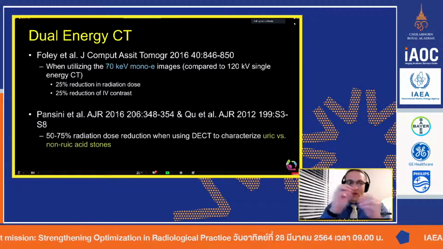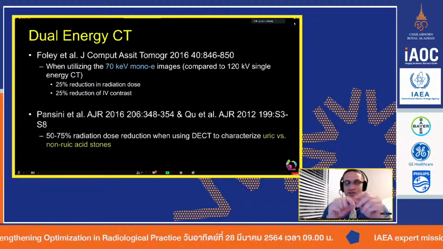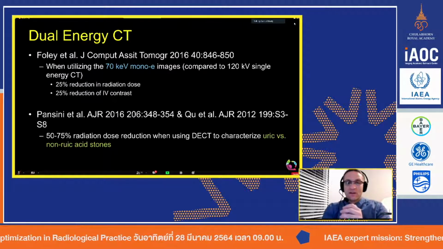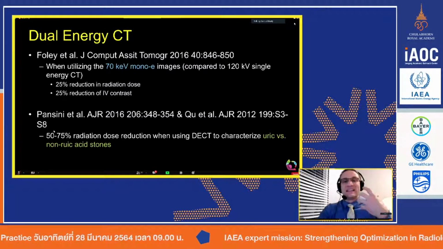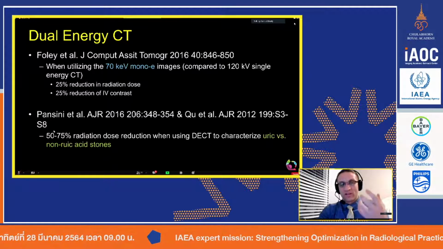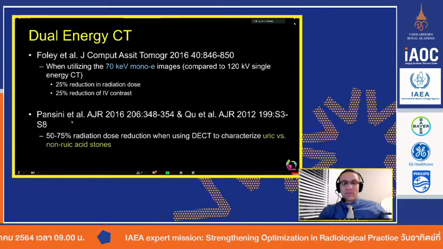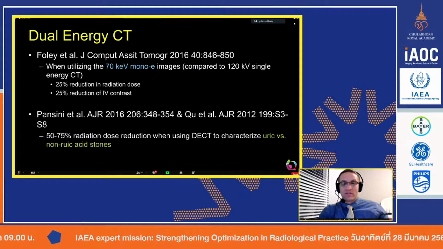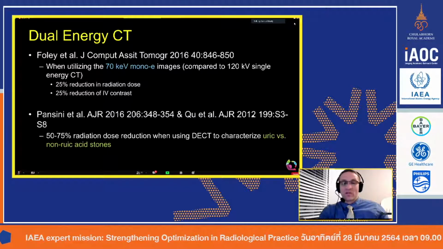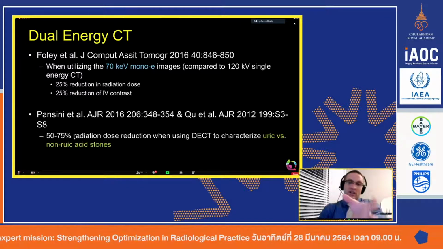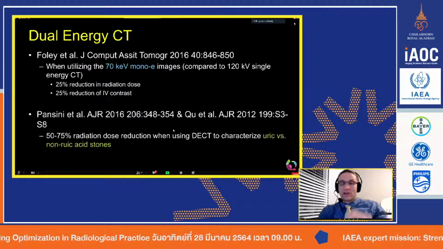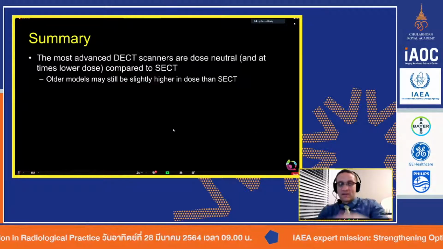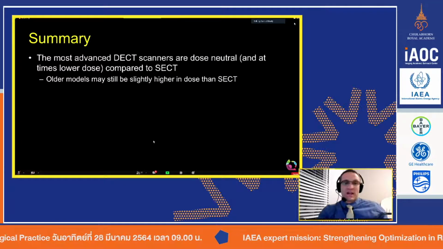But being able to not only see the white dot, but determine if it's non-uric or uric acid based, you just don't need a lot of radiation. And so because of the additional diagnostic information, in this paper as far back as 2016, and this paper as far back as 2012, they had already reduced the radiation dose substantially by 50 to 75%, and still were able to answer the same diagnostic task.